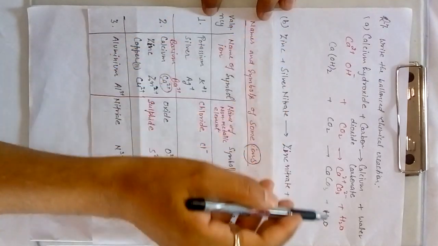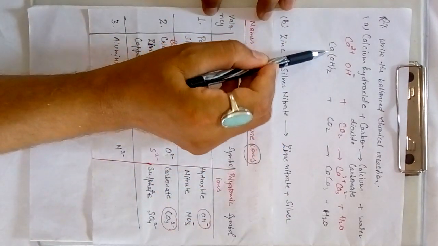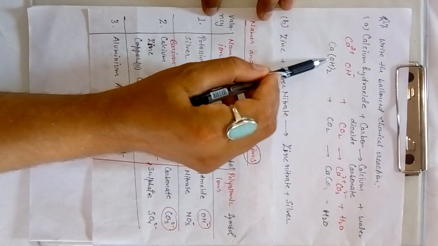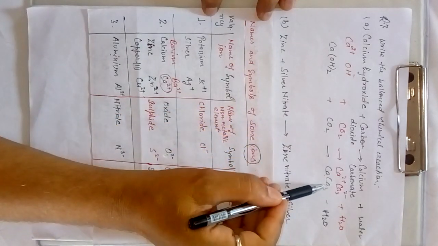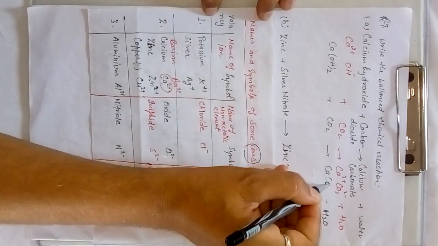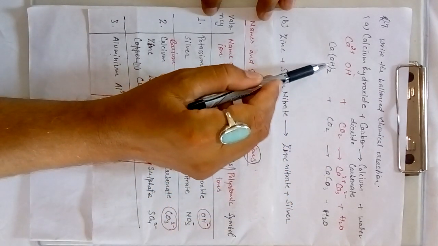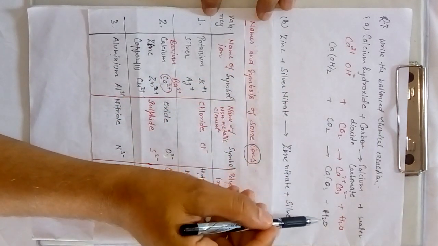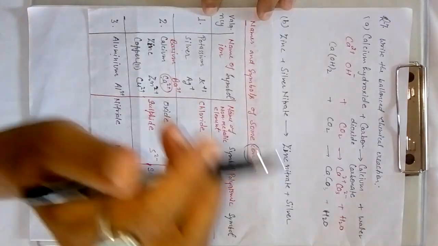Here we can see this is the balanced chemical equation, like Ca 1 atom, here Ca 1, here oxygen is 2 here and 2, this is 4, and oxygen 3 here and 1 here, 4. Hydrogen 2, so you can see hydrogen 2, and carbon 1 here.